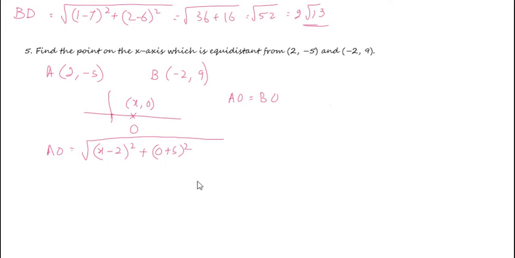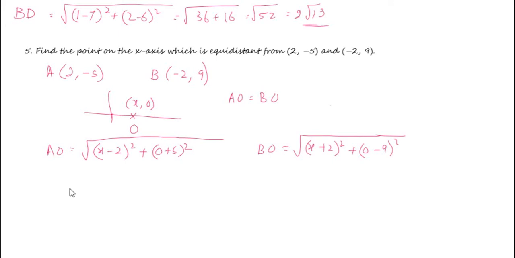This is AO. Now BO equal to square root of x minus of minus 2, that is x plus 2 whole square, plus 0 minus 9 whole square.